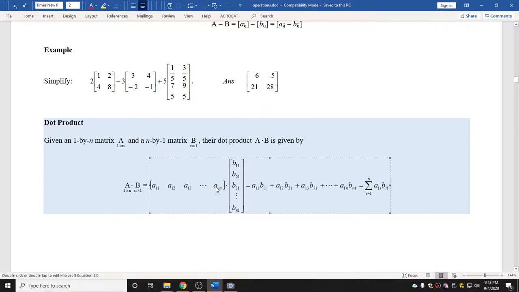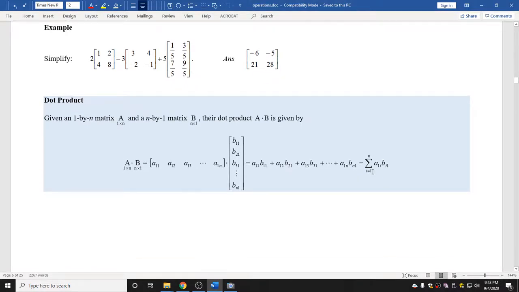Notice that both matrices have to have n entries, and that's why we are specifying in the hypothesis A is a 1 by n matrix, and B is an n by 1 matrix. So this one has n columns, that one has n rows. So the match is there for this calculation to be possible.